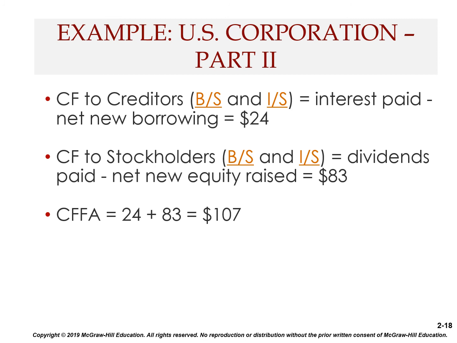You can see that balance went from 600 to 640. So the company received an additional $40 from the stockholders. So we paid them 123, but got 40 from them. So what's the net amount that we gave them? $83. So of the cash flow from assets, 24 was paid to creditors and 83 was paid to stockholders. So it's a different look at cash flow and how it's being spent.